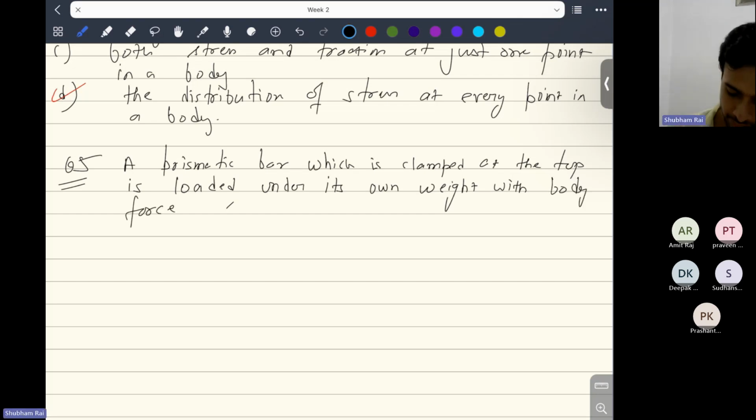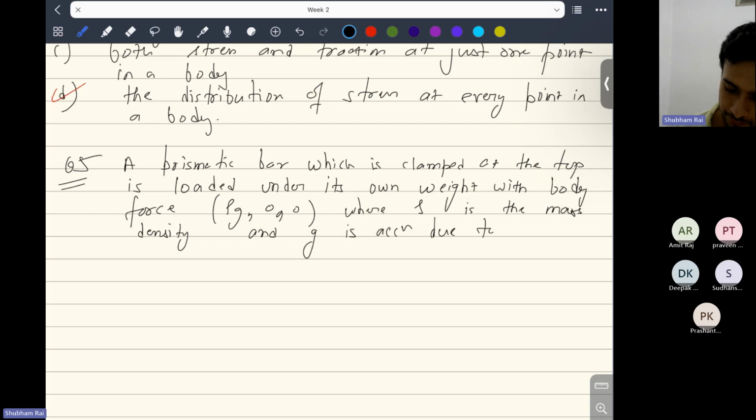Body force is given by rho g, 0, 0. That is the gravity, where rho is the density of the body. This is the mass density. And g is the acceleration due to gravity.